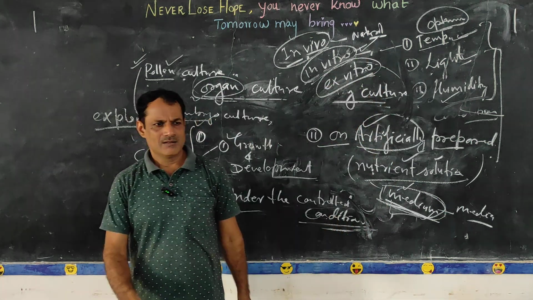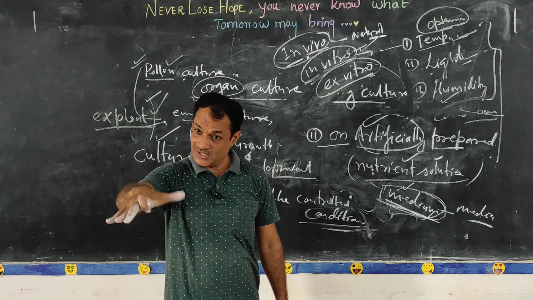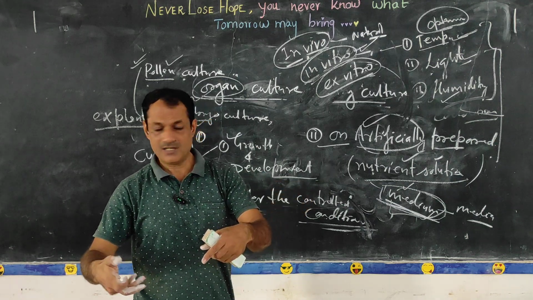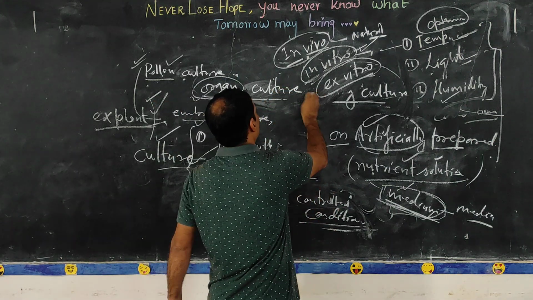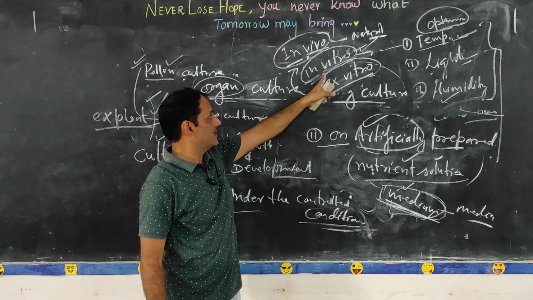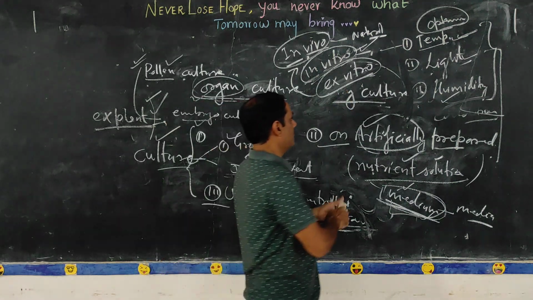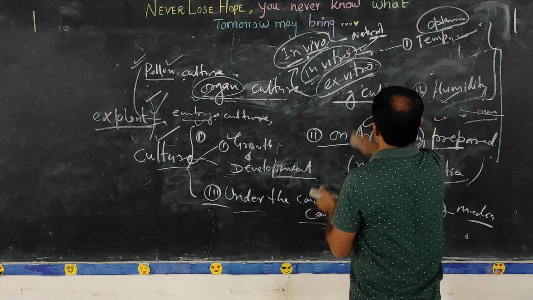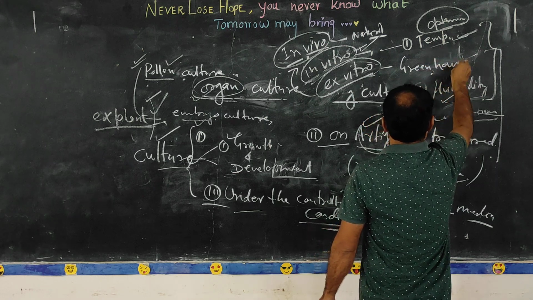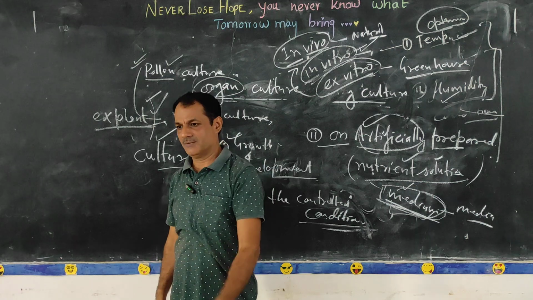Ex vitro means to a certain extent we can control these three conditions, only to a certain extent. Something is natural control, something we can control. It is in between these two, not fully in vivo conditions, not fully in vitro conditions. That is called ex vitro conditions. Our example is the greenhouse, where we are hardening our plants.